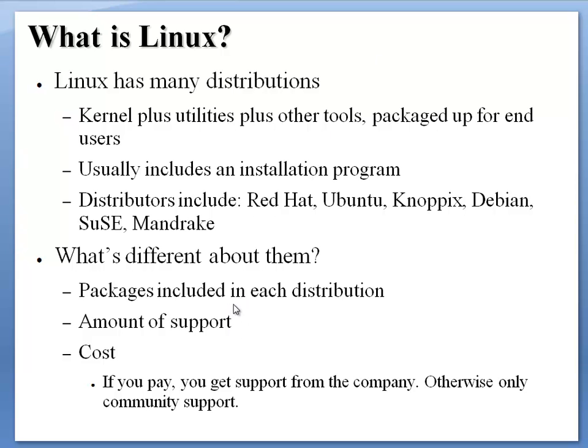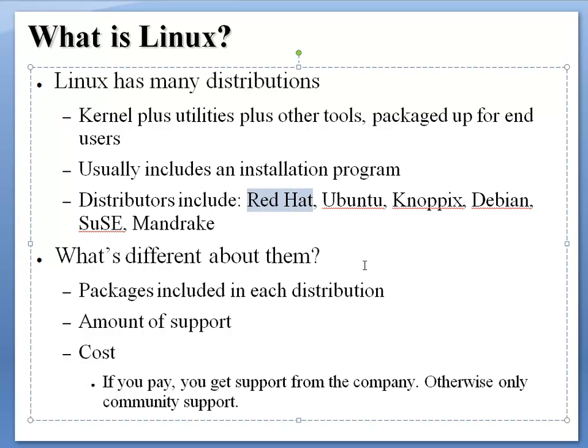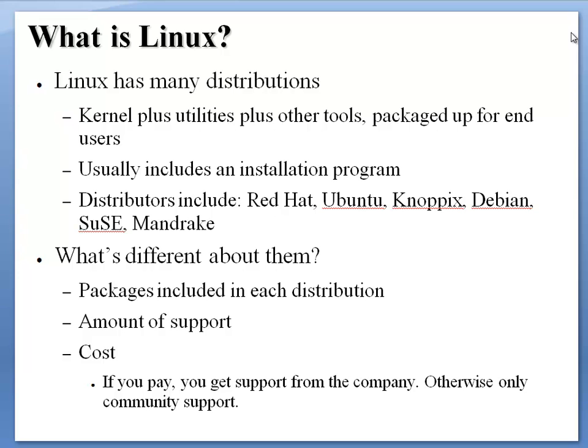For example, Red Hat is a commercial company, and Ubuntu, Knoppix, and Debian are community supported Linux distributions, which means that you can't pay to have any support for them. But if you do need support, actually, I'm sorry, Ubuntu did change that. You can pay to have Ubuntu support.